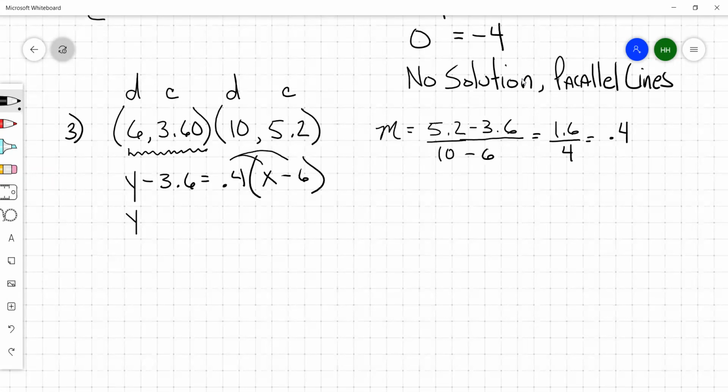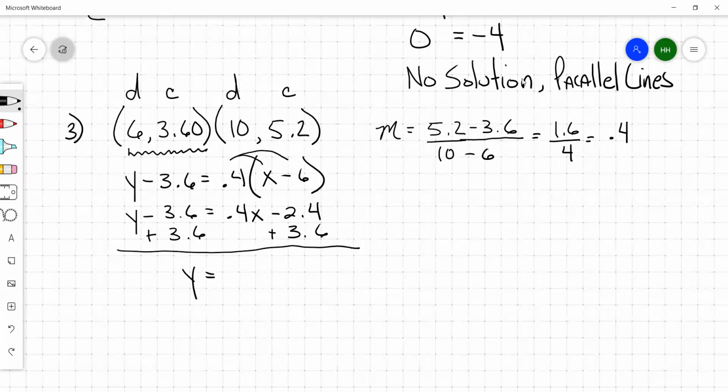So you would get y minus 3.6 equals 0.4x minus 2.4. And then you would add 3.6 to each side. So y equals 0.4x. Negative 2.4 plus 3.6, I'd say it's positive 1.2. So there's a linear equation.